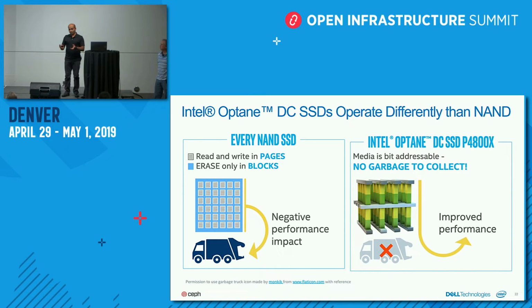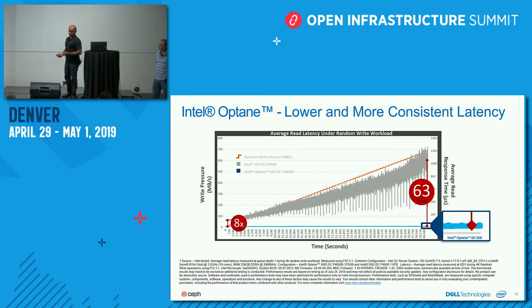As more and more blocks get full, garbage collection takes a longer time, and the impact is on the latency. So the Optane media was developed as a brand new media. It's not a standard semiconductor NAND memory. It's a bit addressable device where all of the updates can be done in place, which means over time the latency impact is very low.